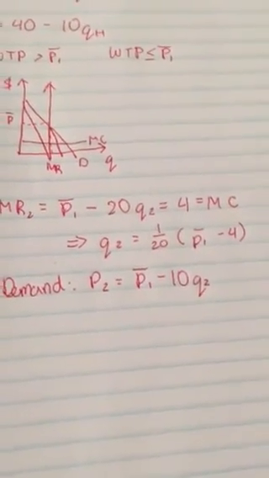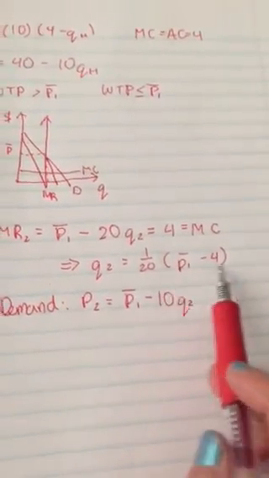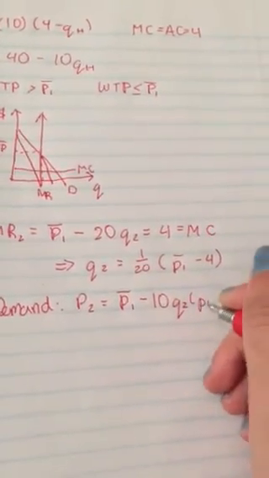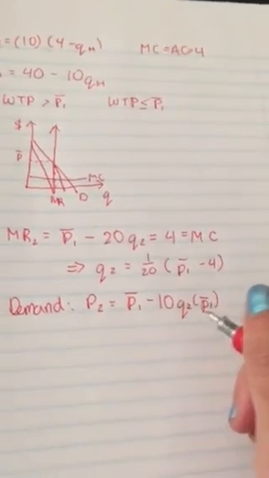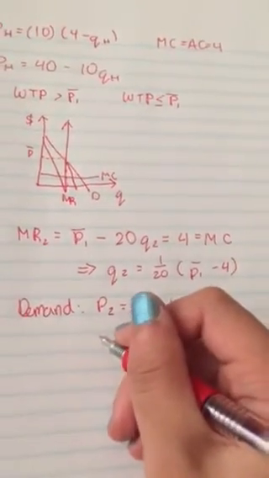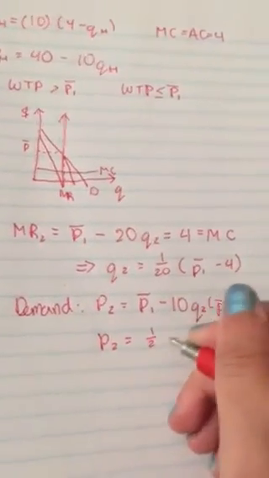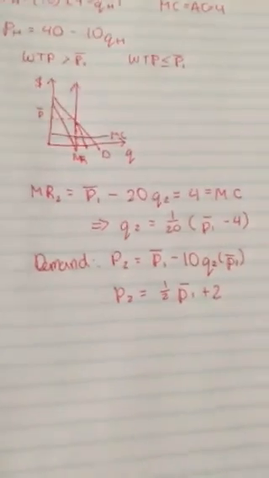So when you take Q2 equals something in terms of P1, and then you plug it into this Q2 instead to make it Q2 in terms of P1, and then you simplify, you get P2 is equal to 1/2 P bar 1 plus 2.